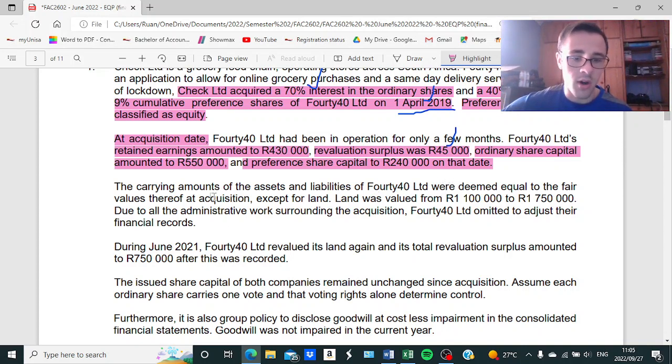Now, the carrying amounts of the assets and liabilities of 4040 Limited were deemed equal to the fair values thereof at acquisition, except for land. Land was valued from 1.1 million rand to 1,750,000 rand. Due to all the administrative work surrounding the acquisition, 4040 Limited omitted to adjust their financial records.